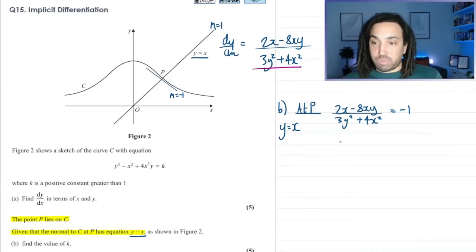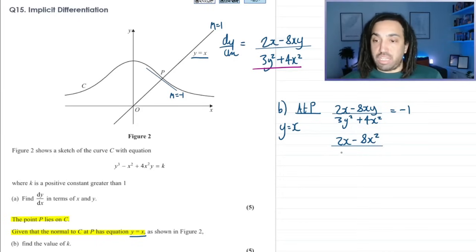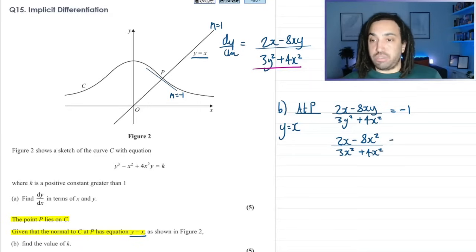So in fact, what we can do is swap out all the y's for x's. So xy becomes x squared. This becomes 3x squared, and then plus 4x squared, like so, and that's equal to minus 1. Okay, perfect.